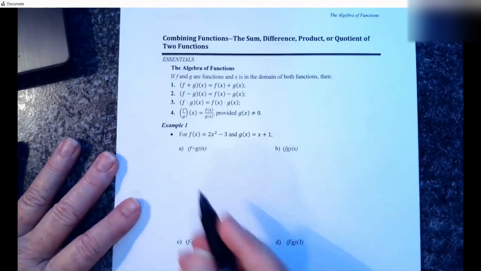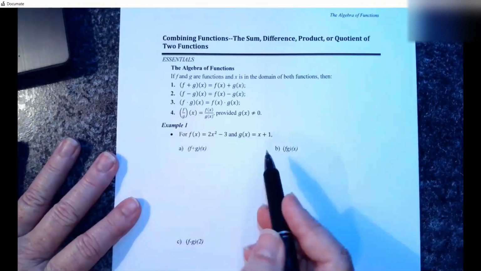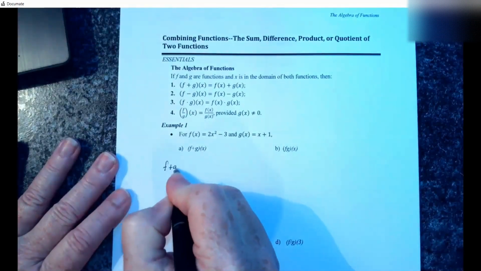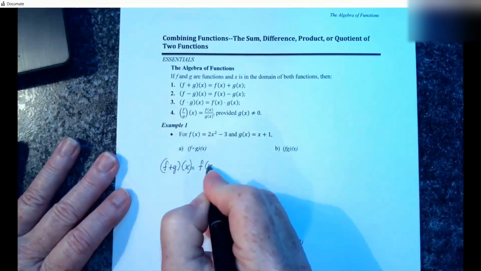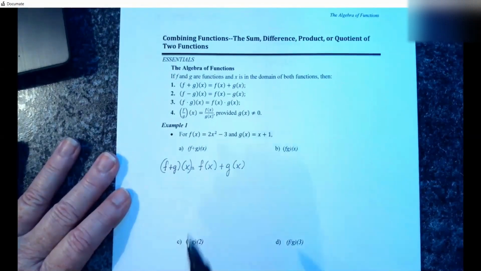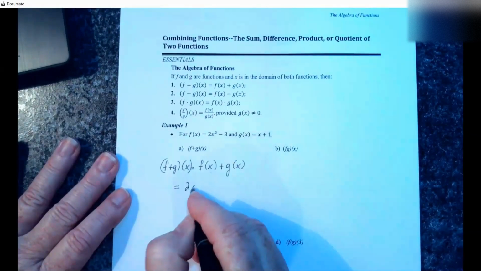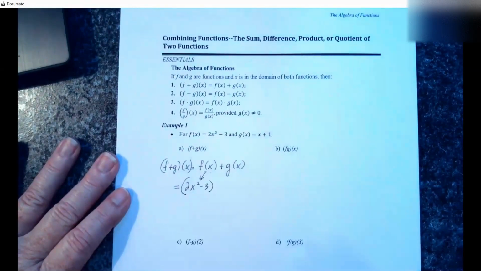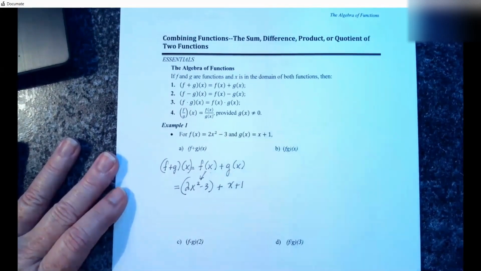So if we wanted to find f plus g of x, where f of x is 2x squared minus 3 and g of x is x plus 1, f plus g of x by definition is just f of x plus g of x. In this case, f of x was defined to be 2x squared minus 3. So we'll replace the f of x with 2x squared minus 3, and we'll replace the g of x with x plus 1.